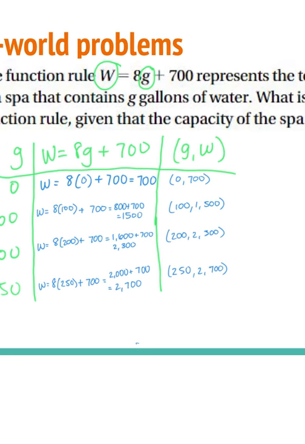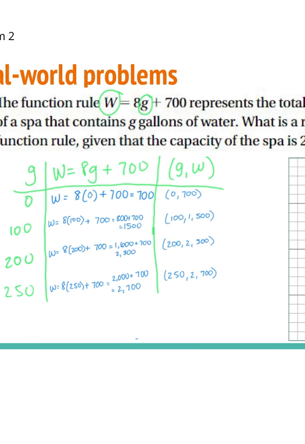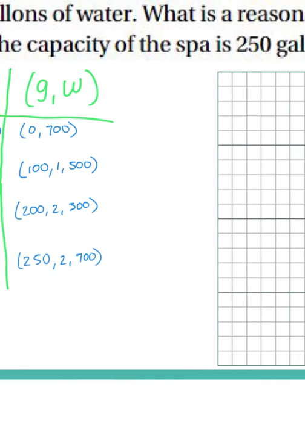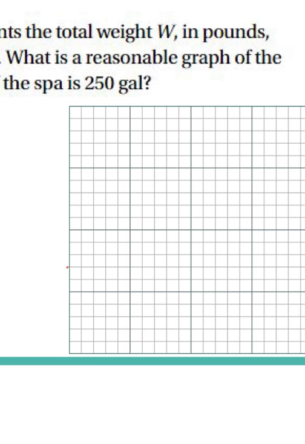Now, that was pretty easy. That was just plugging in values and then figuring out what the W values were going to be, okay? Now, the tricky part is coming up with a graph so we can graph these super large numbers. But it's not as complicated as it seems. What we're going to do is exactly how we used to.